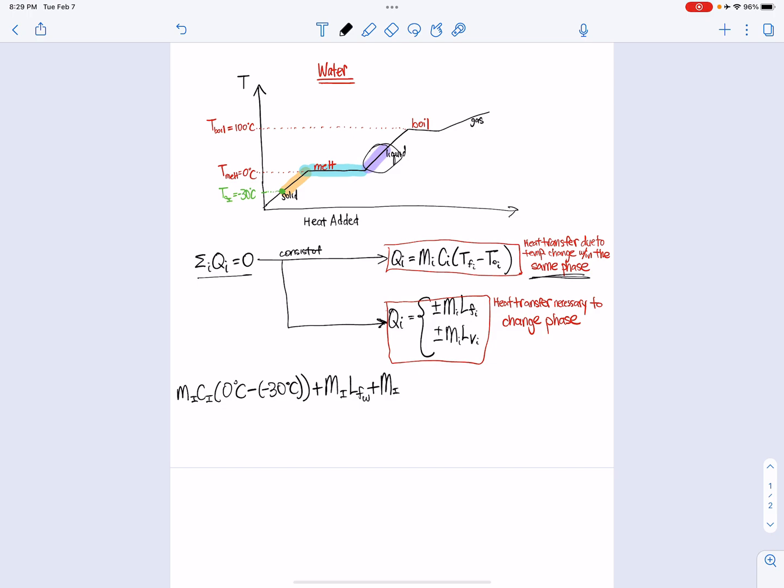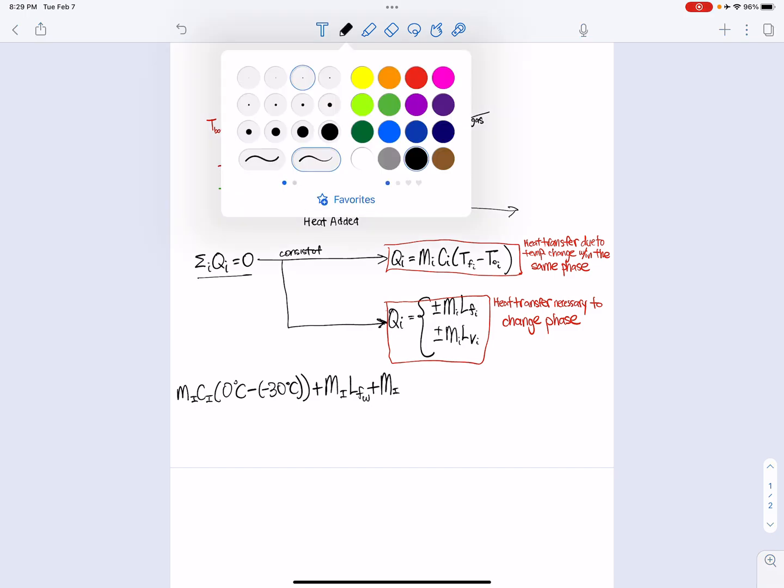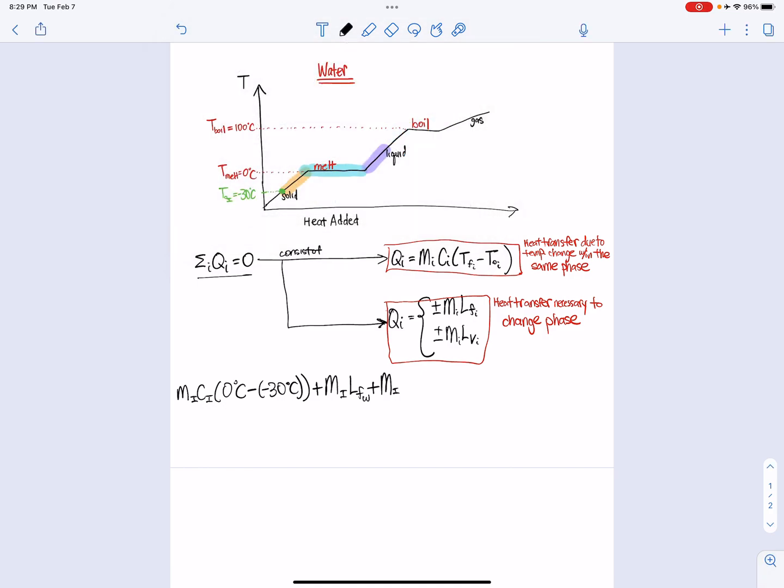It's still in the same phase in purple because the ice melts and turns into liquid water. So we'll take that heat transfer due to the temperature change into consideration. So plus the mass of ice times, this time, the specific heat of ocean water, because the ice had melted into liquid. So now it's in the ocean.